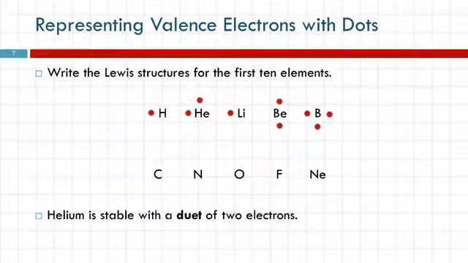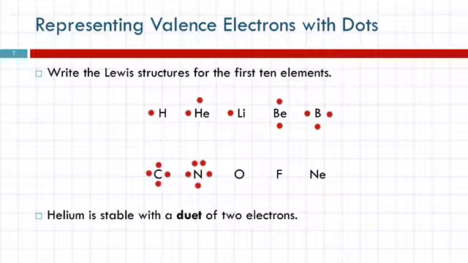How about carbon? 4. It's in group 4. 1, 2, 3, 4. How many valence electrons for nitrogen? 5. So now we're going to have a pair, and then the other 3 are by themselves. We already saw oxygen.